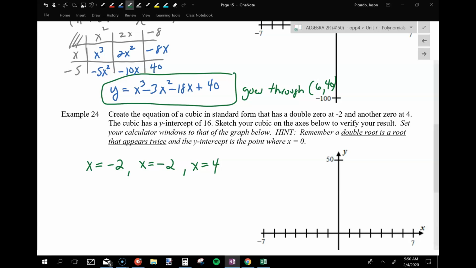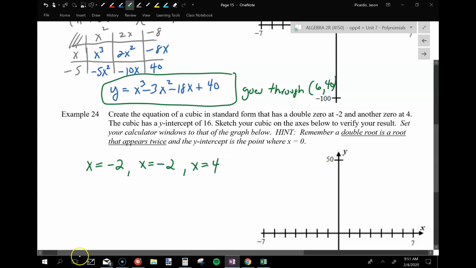All right, what am I going to do? I'm going to get each of those equal to 0 and then write my factors out, right? So I'm going to have x plus 2 equals 0. I'm going to have another x plus 2 equals 0. And an x minus 4 that equals 0.